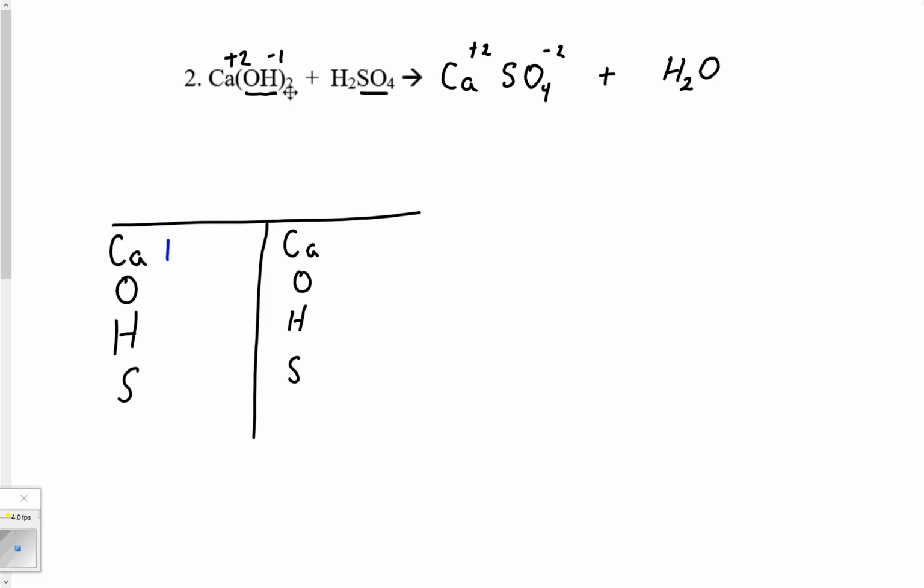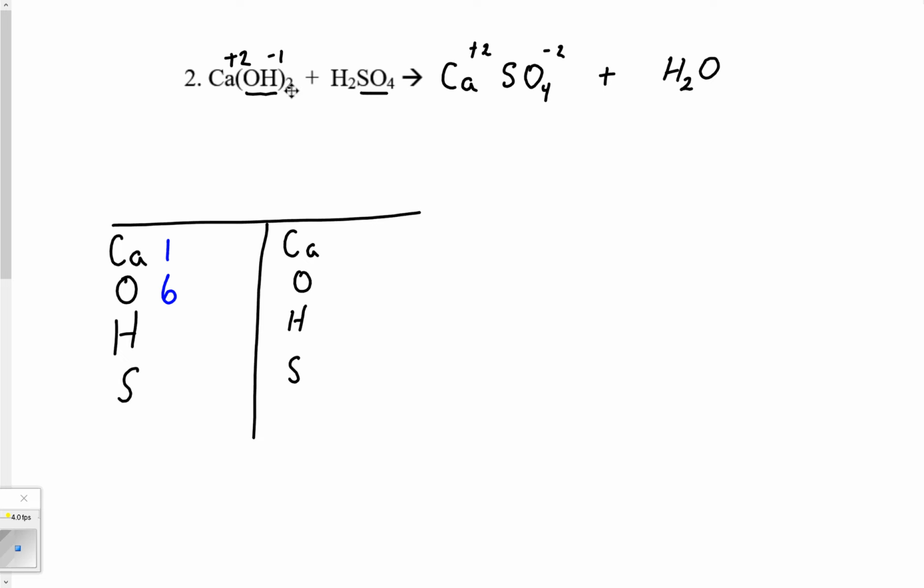There's 2 times 1, there's 2 oxygens here, plus there's 4 oxygens here, so that's a total of 6. I hope you understand that. It's just like in math class. These parentheses, 2 times 1 oxygen is 2 oxygens, plus the 4 gives us 6.